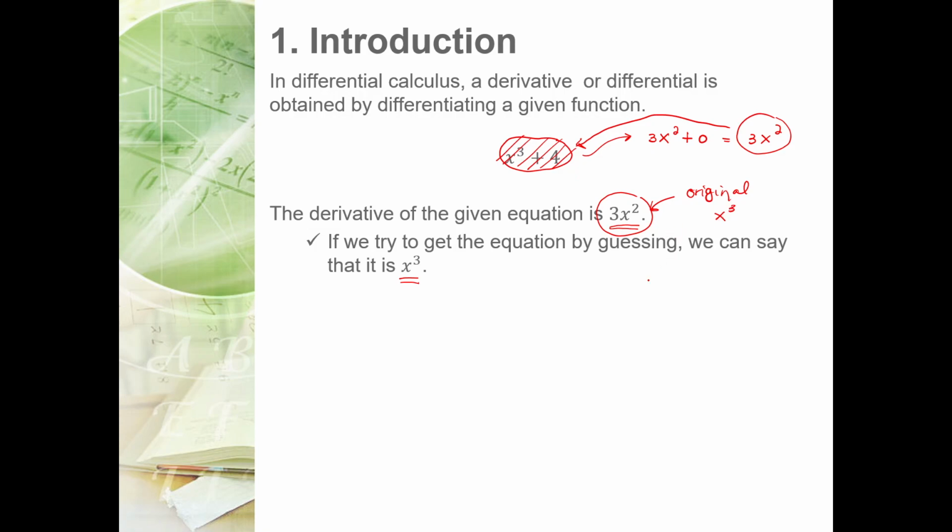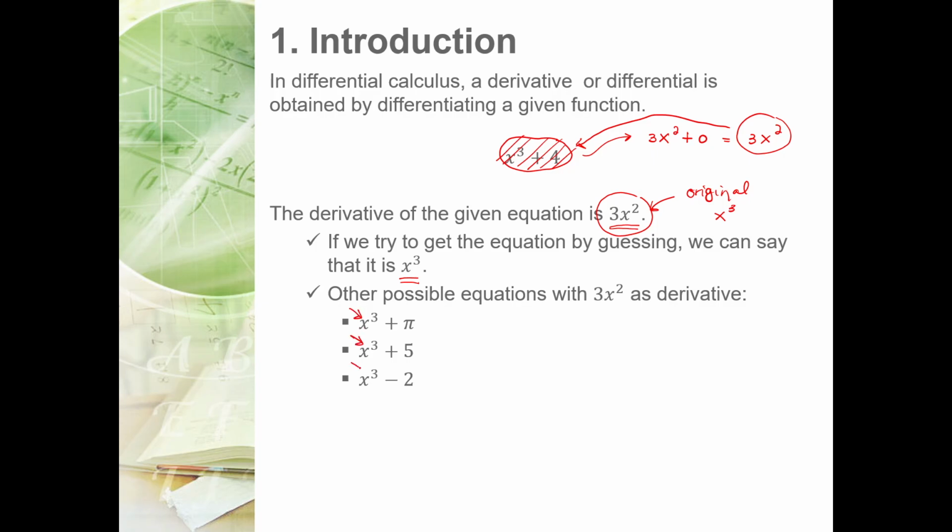Of course, if we try to get other possibilities, for example, these equations are still possible derivatives of 3x squared. As you can see, these first terms all achieve the 3x squared derivative. And of course, in the second term, as long as these are constants, the resulting derivative will still be 3x squared.